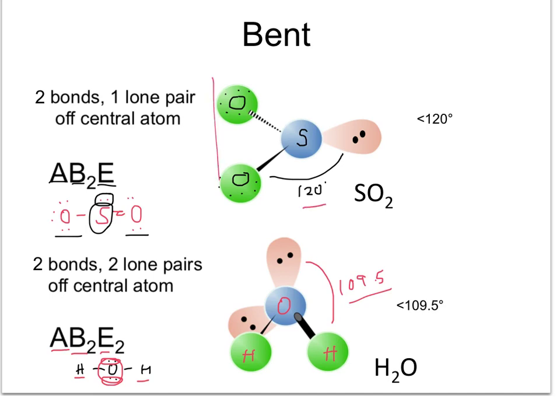You'll notice that this is the trigonal pyramidal shape if there were three bonding atoms. And then, of course, this would look like the tetrahedral shape if there were four bonding atoms. There are not four bonding atoms in this picture. There's only two. That's why it's bent. But there's still 109.5 degrees difference between the hydrogen and where that lone pair would sit.